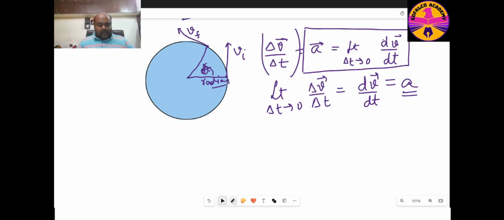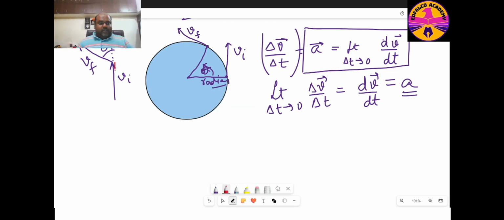In order to find that, let's draw it in one place first. This is my vi vector, and this is my vf vector, and this angle is theta. If I have to calculate vf minus vi, I can make the opposite of vi.